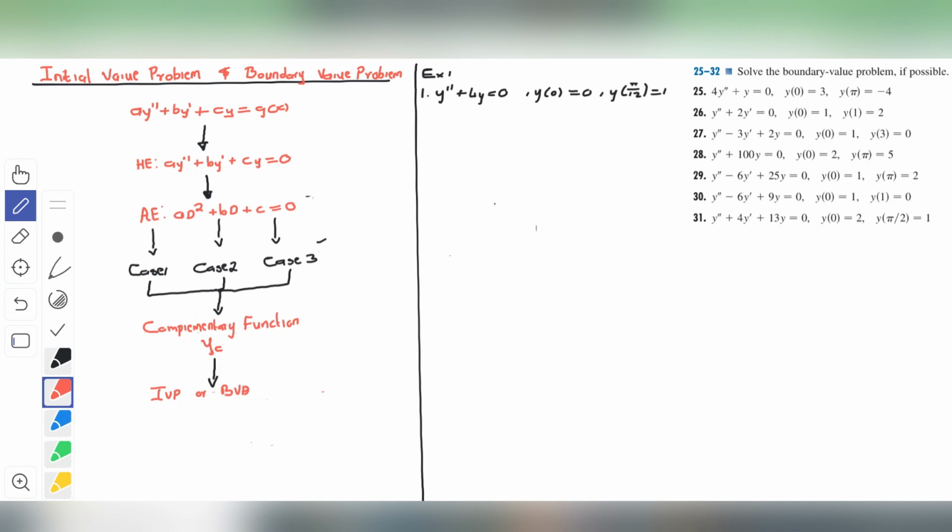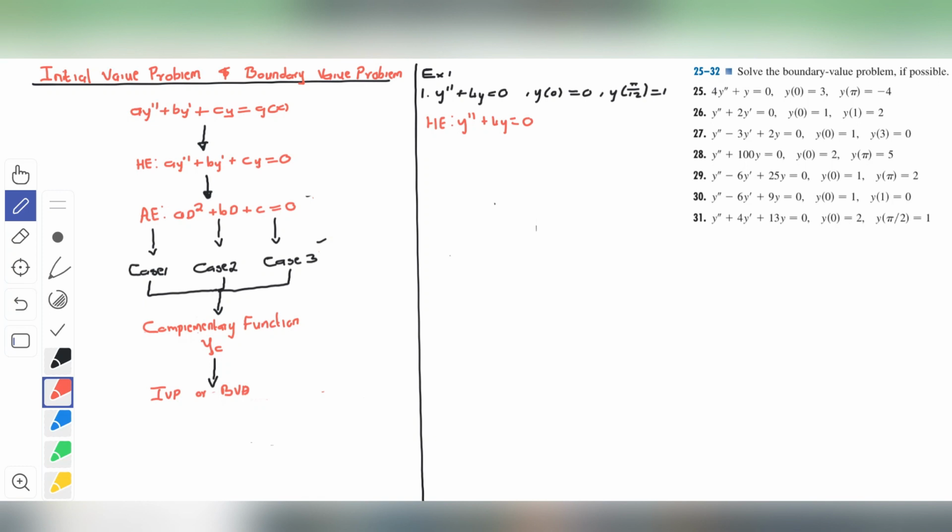The first thing we do is write down the homogeneous equation: y double prime plus 4y equals 0, right?